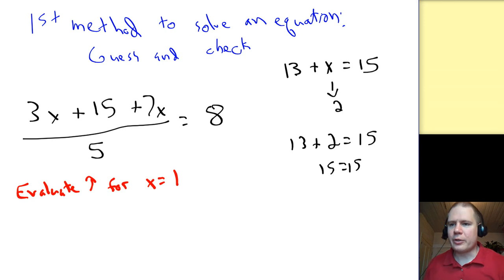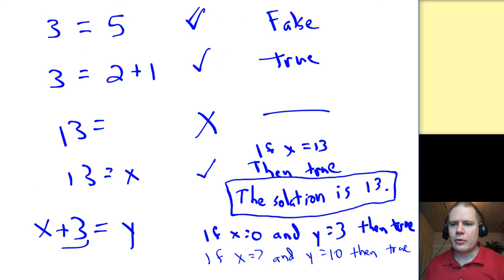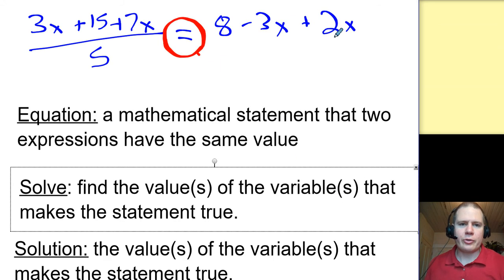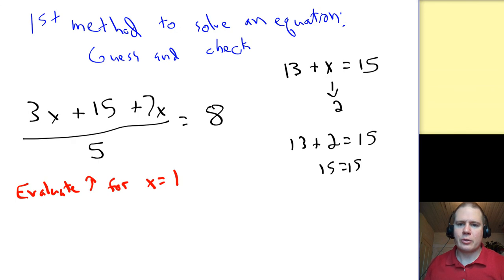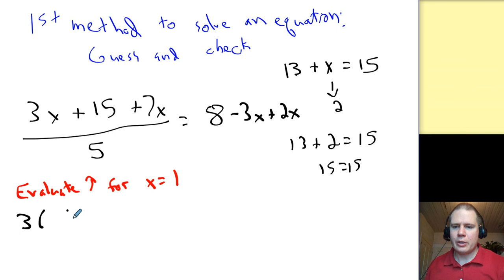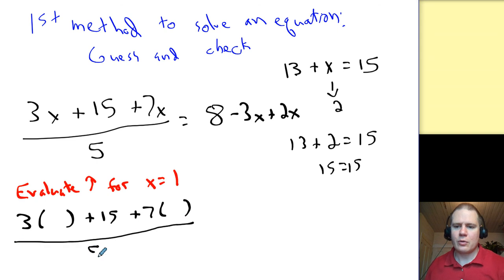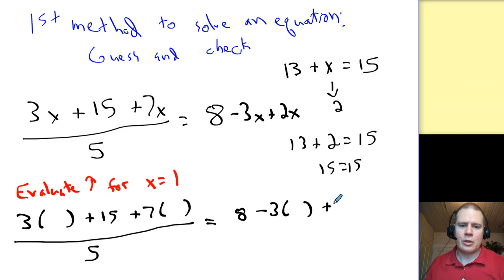Let's actually go back to the fancier version. What did I have here? 8 minus 3x plus 2x. Okay. So I have 3x plus 15 plus 7x equals 8 minus 3x plus 2x.